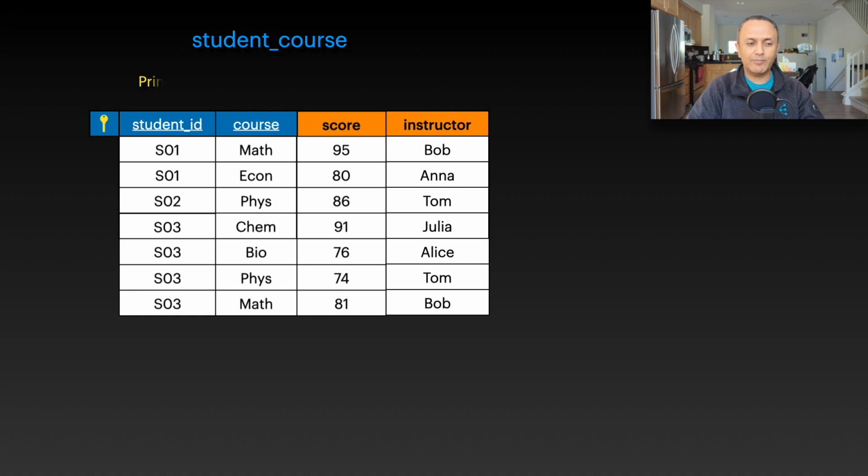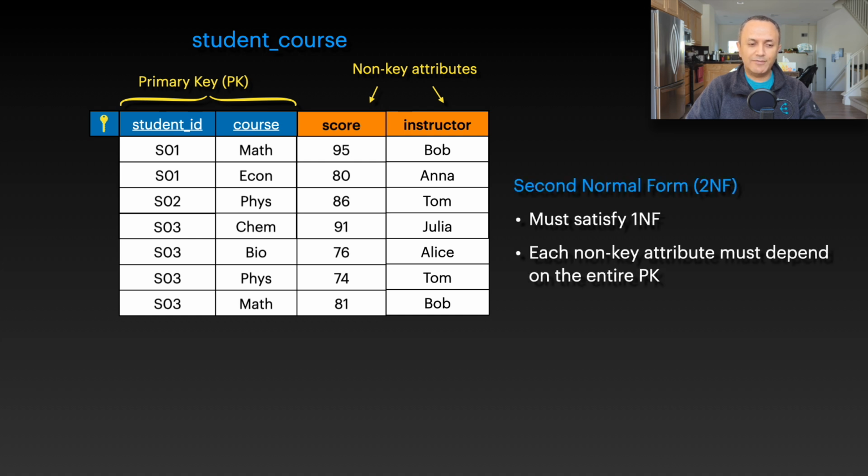In our case here, the primary key is student ID and course, and the non-key attributes are score and instructor, so all the attributes that are not part of the primary key. What is the relationship between those? Second normal form says, for something to be in second normal form, first it has to satisfy the first normal form, which we do, and then each non-key attribute must depend on the entire primary key.